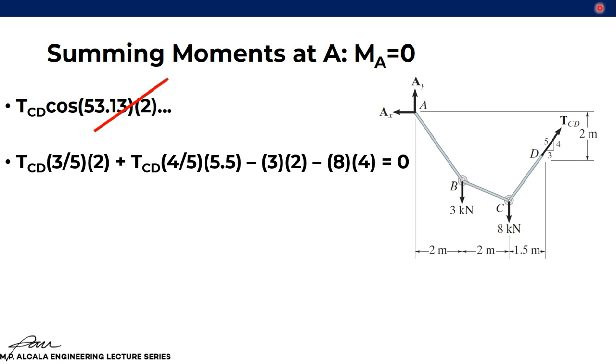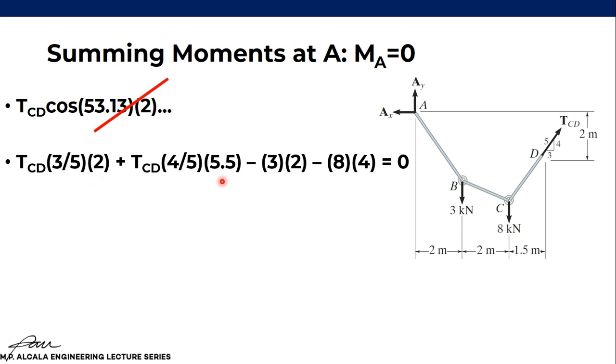The tension at CD along the x-axis, meaning this force along the x-axis, with the moment arm of 2 meters, will give me the x component at 3 over 5, because the cosine of 53.13 is simply 3 over 5 from your special triangle, adjacent over hypotenuse. So I hope you understand this very important part of our analysis.